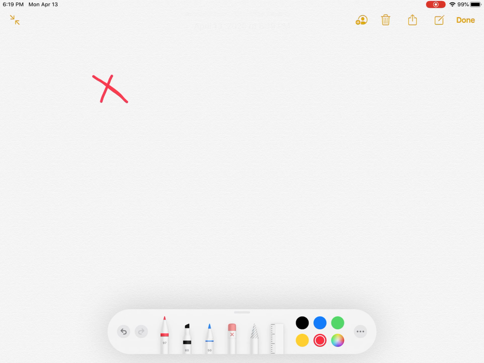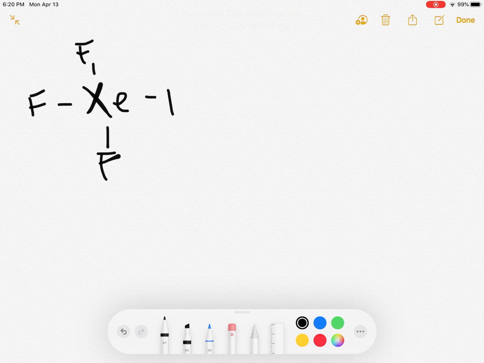XeF4. When I get done drawing the Lewis dot structure, I'm going to find that I have 6 domains.